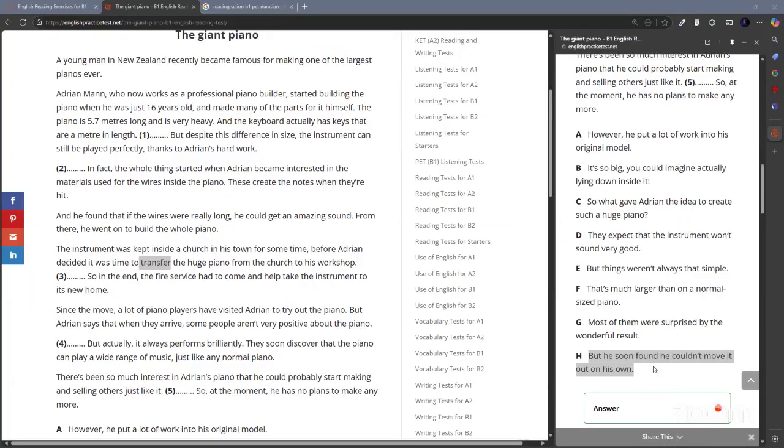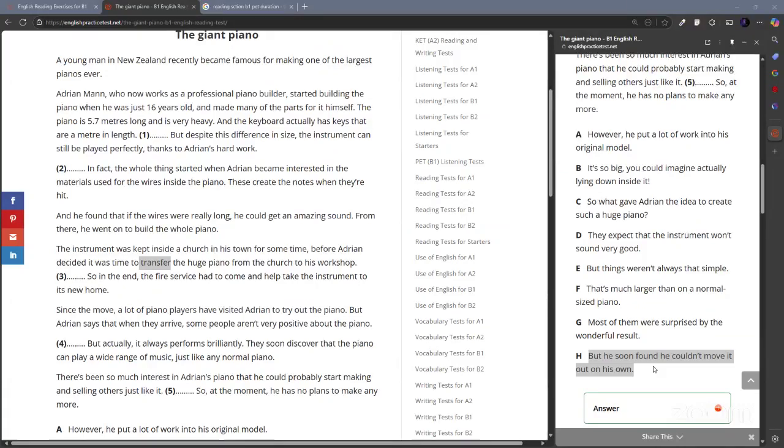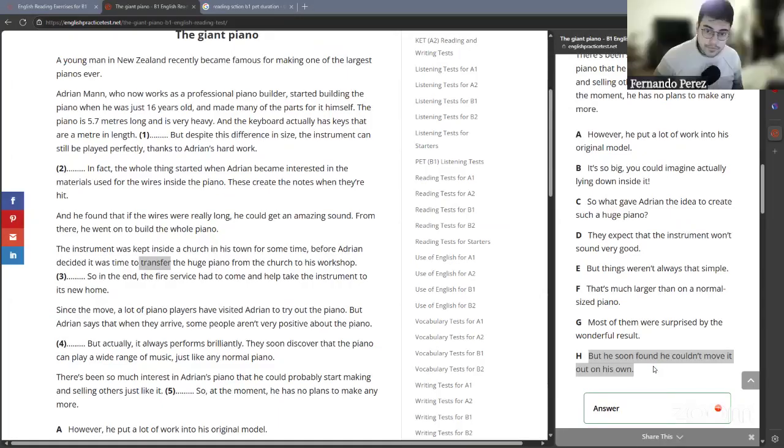Correct. And I think this answer sounds better for continuing this part of the paragraph. To continue.